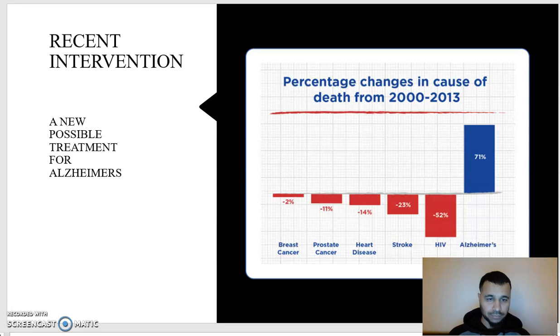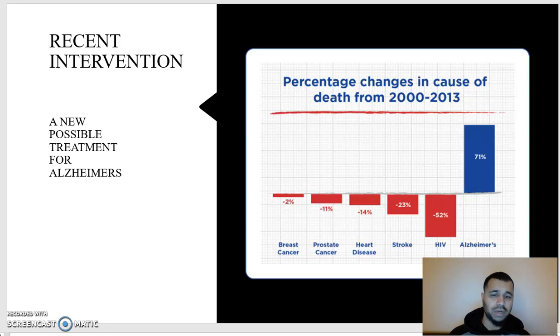Now, we don't have a cure for Alzheimer's yet, and we have certain medicines that we believe might slow down or have some role in slowing down the symptoms, but this disease is extremely dangerous, as you can see, and very deadly.